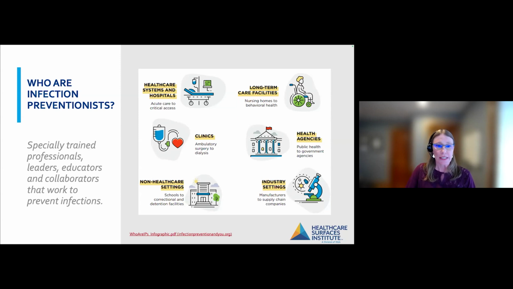So there is some inequities in how infection prevention is staffed in those areas. We're additionally starting to see infection preventionists more involved in clinics and dialysis, especially as more things move out of the hospital setting and into the ambulatory setting. And then, of course, we have those public health professionals that work in our government agencies like CDC or our local public health jurisdictions. Our non-healthcare settings where you might see an infection preventionist provide consultation would be schools or prisons, especially when there's an outbreak going on.